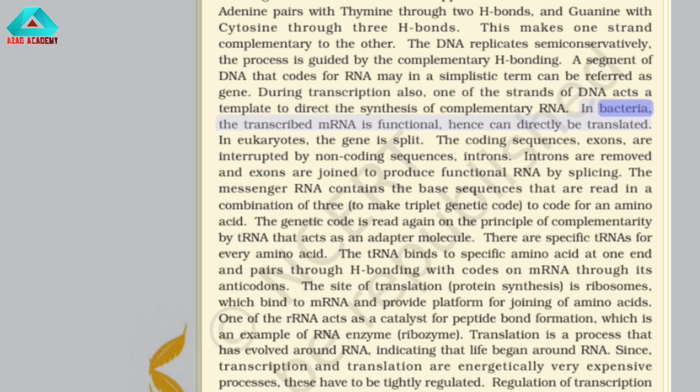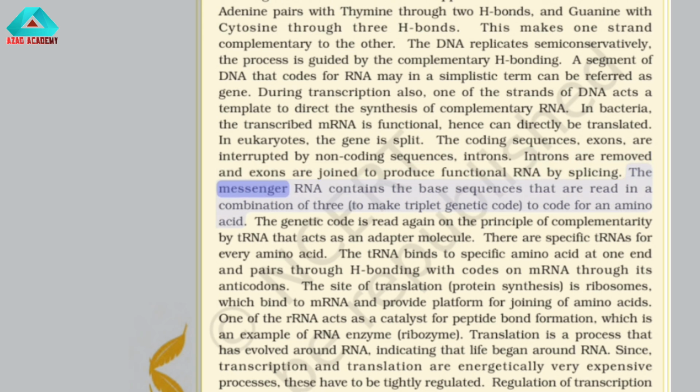In bacteria, the transcribed mRNA is functional, hence can directly be translated. In eukaryotes, the gene is split. The coding sequences, exons, are interrupted by non-coding sequences, introns. Introns are removed and exons are joined to produce functional RNA by splicing.